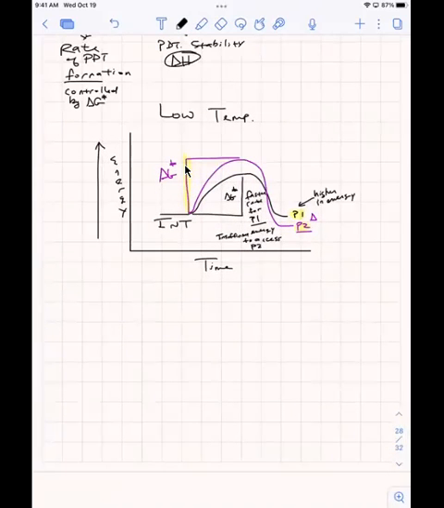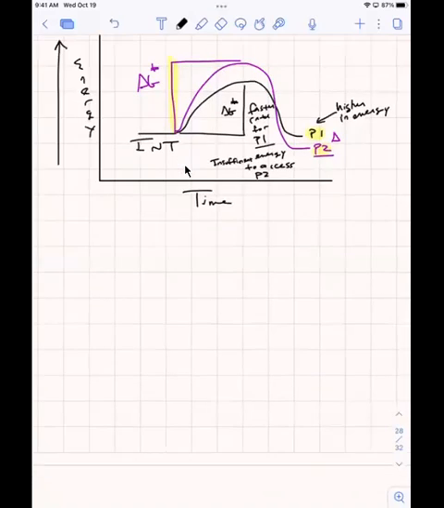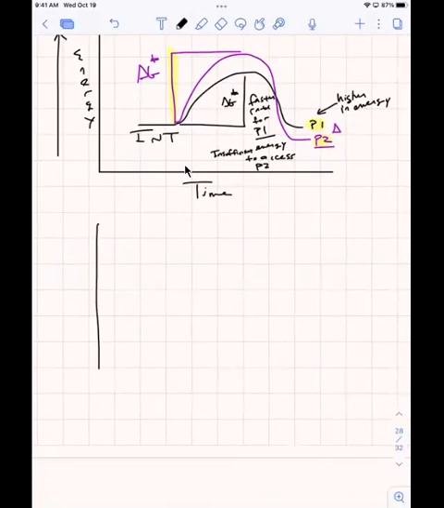Right, if you go to higher temperature, right, and this again, this is increasing energy. This is time.